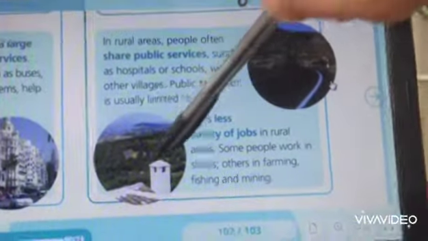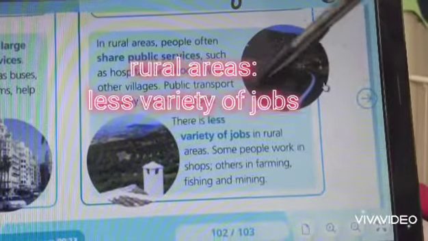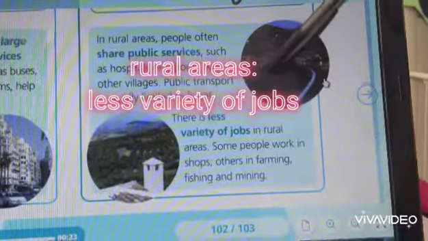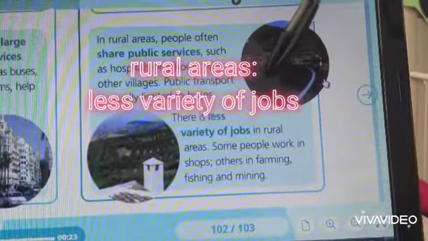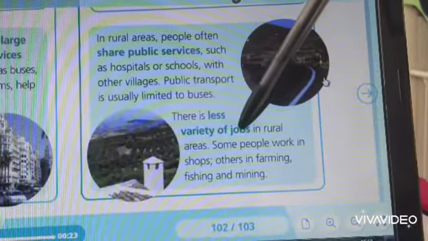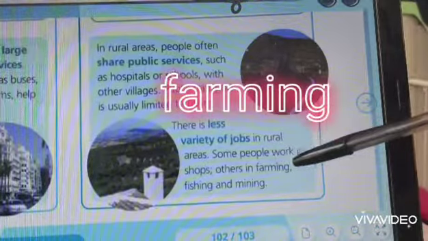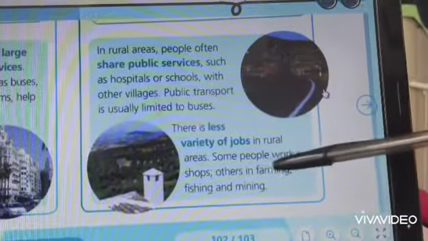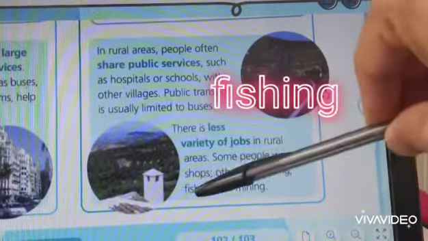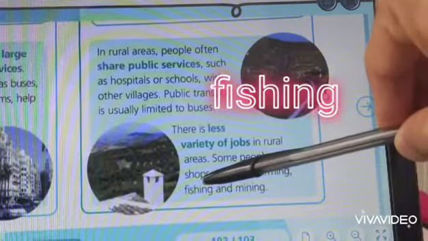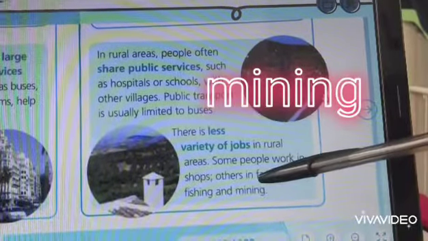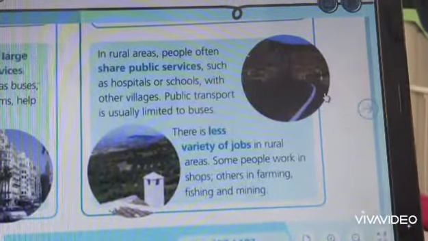And of course, there are fewer people living in a rural area. So this means that there is less variety of jobs. Many of those people are working in farming because they raise animals, or fishing because they live in a coastal landscape, or mining because they get different materials from the ground.